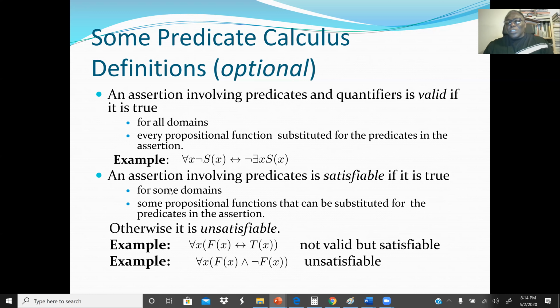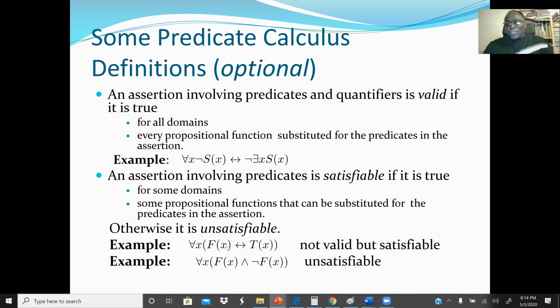An assertion involving predicates is satisfiable if it is true for some domains and some propositional function that can be substituted for the predicate in that assertion. Otherwise, it is unsatisfiable. So let's take the same condition we had previously.